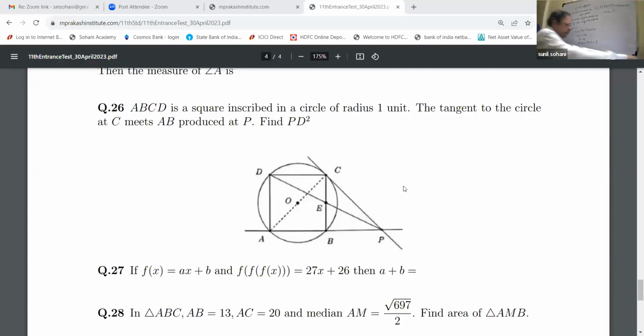So this is question 26. There's a circle and a square inside the circle. The line is extended, and this is square ABCD.